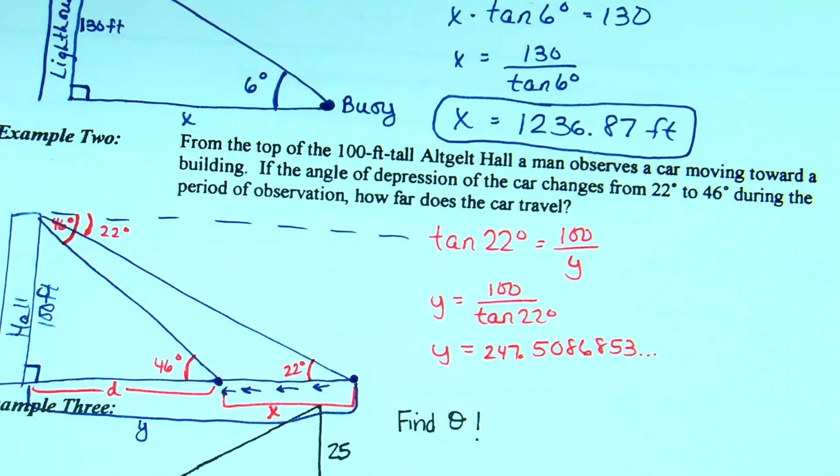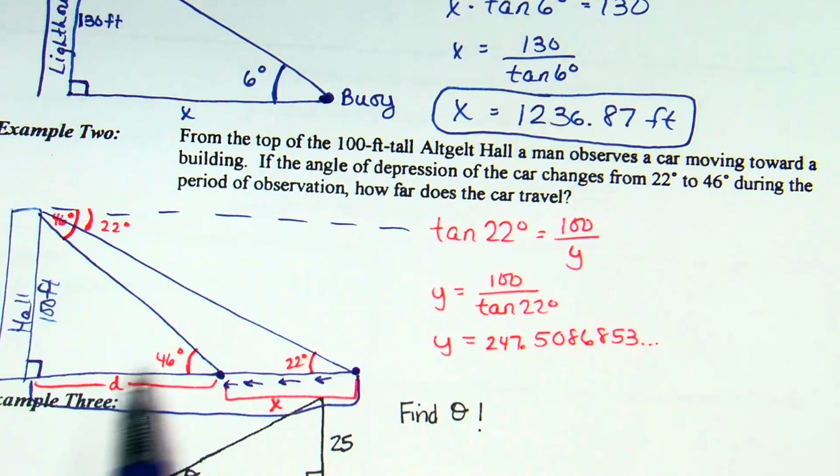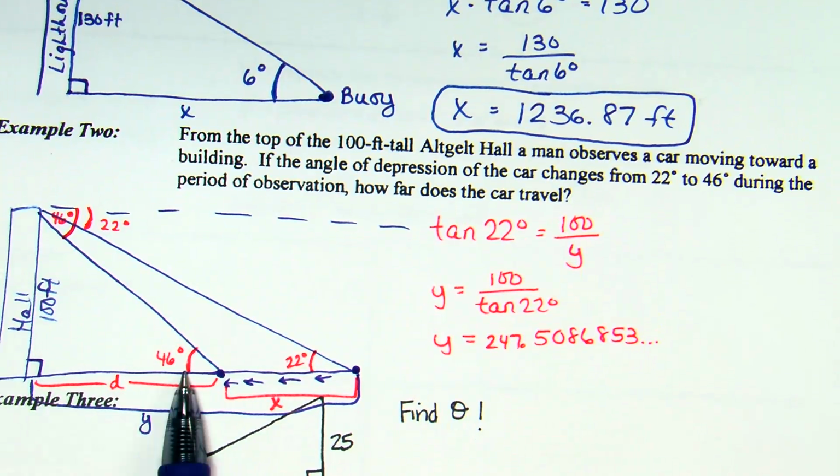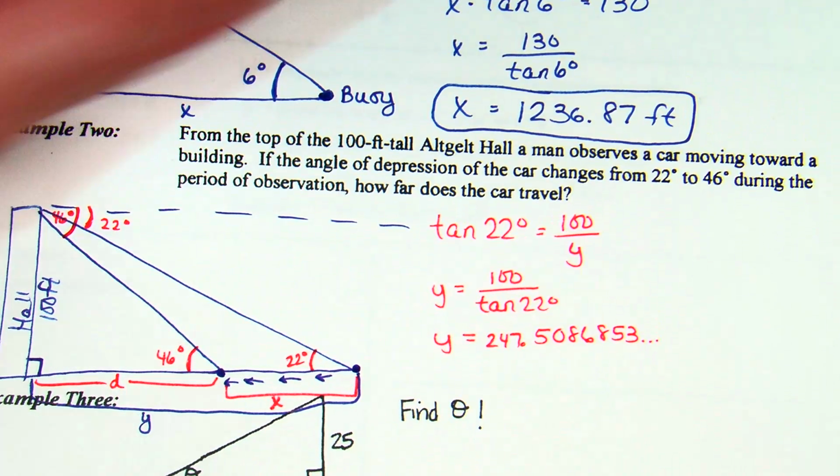Now, what do I need to find? Can't find X yet. I'm going to have to find D first. Because D represents the bottom side of this right triangle. So I can find D. How can I find D? This is going to be tangent of 46. So we're using this smaller triangle here.